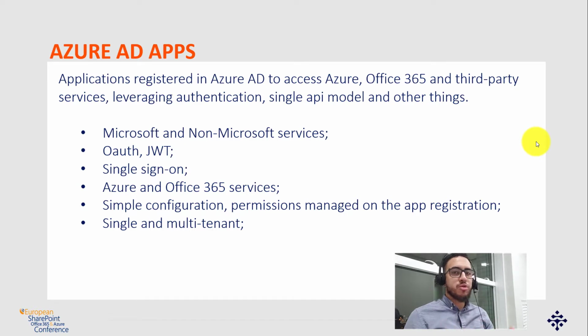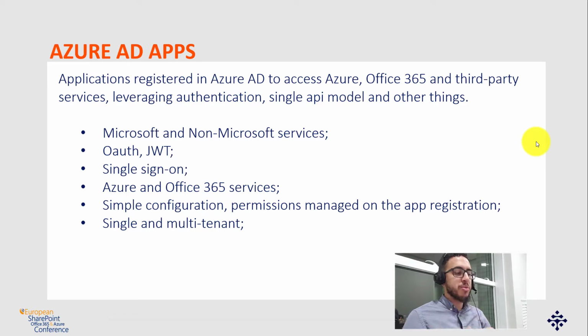So if we develop a solution and we want to deploy it in the customer tenant and use this app to access services like Azure resources or Office 365 or Windows Intune or things like that, we can register this app on Azure, ask for permissions, use the authentication model, use the login on Microsoft using the Office 365 account, the Azure account, or a Live account, and then with this setup we can actually use the services in Azure and in Office 365 without any issues.